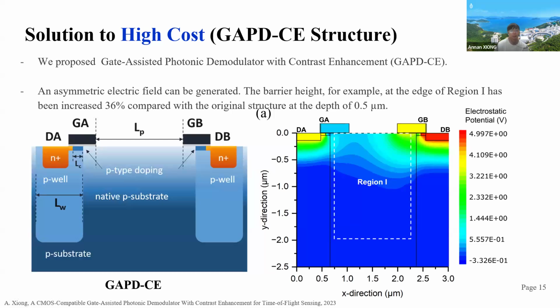To solve this issue, we propose a gate-assisted photonic demodulator with contrast enhancement. An asymmetric electric field can be generated inside our structure. As you can see, this is the potential of this structure. The barrier height, for example at the edge of region 1 with a depth of 0.5 micrometer, has been increased 33% compared to the original structure at the depth of 0.5 micrometer.